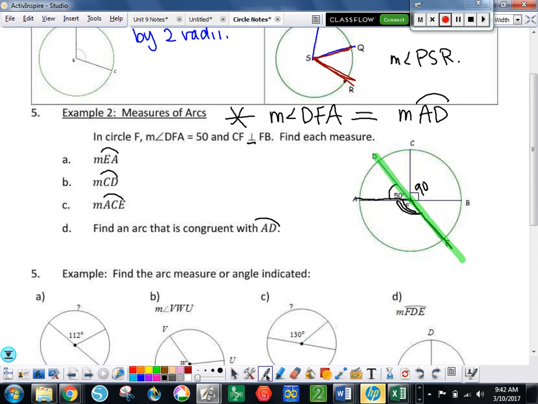We know that DA right there is a 50. And we just have to subtract 50 from 180 degrees. Perfect. And we get 130. So this angle is 130, which means the arc is 130. That's two different ways to say the same thing.